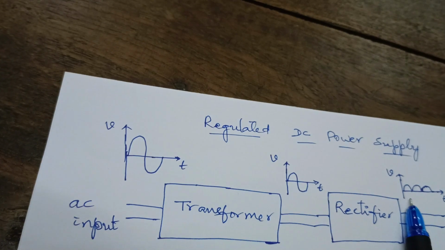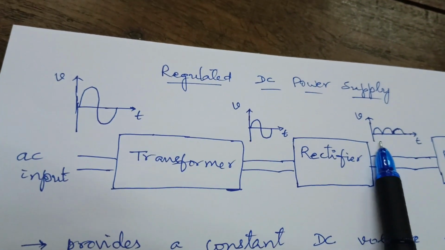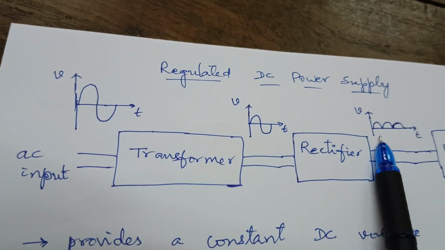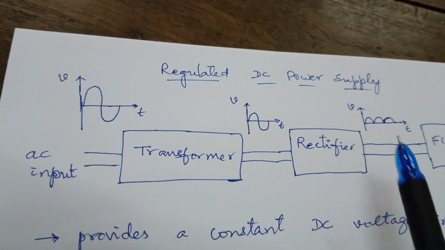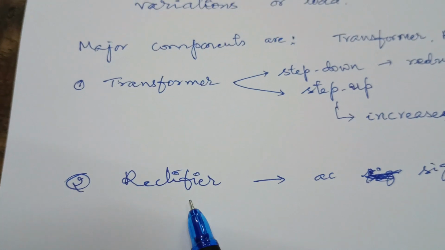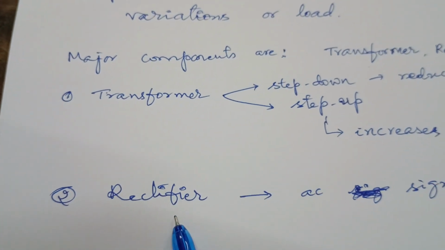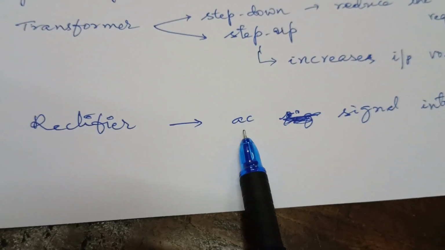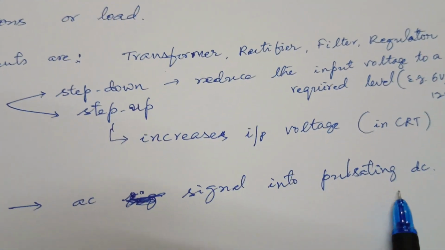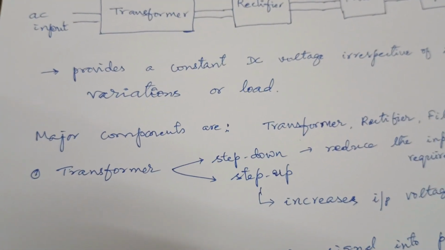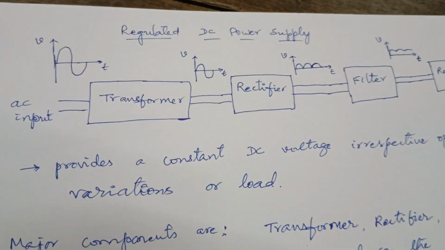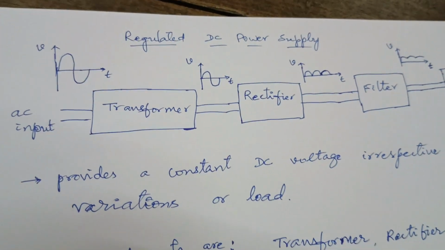Here the waveform is shown for a full wave rectifier. The rectifier converts AC signal into DC signal. So the rectifier is a circuit used to convert AC signal into pulsating DC. Normally most circuits use a full wave rectifier.